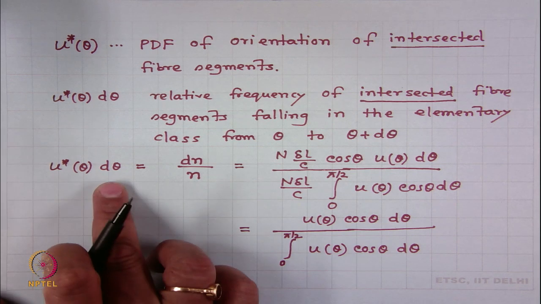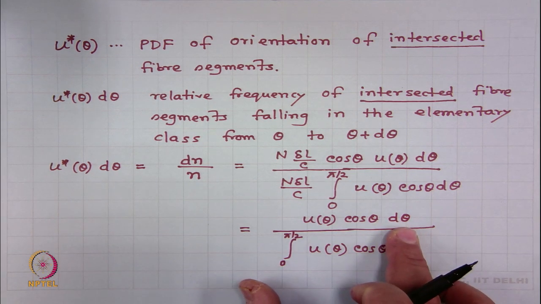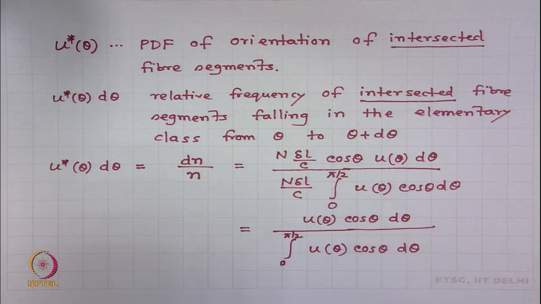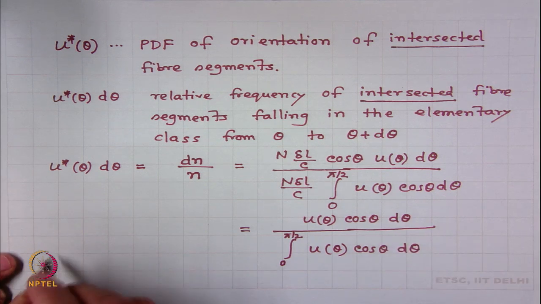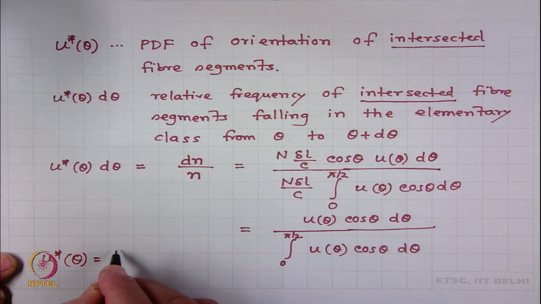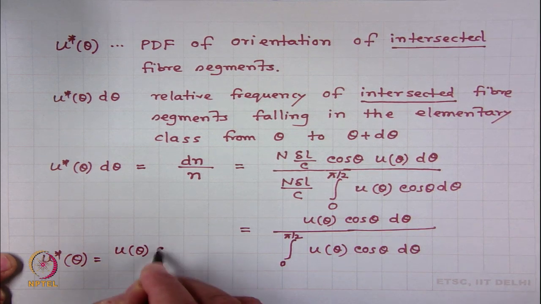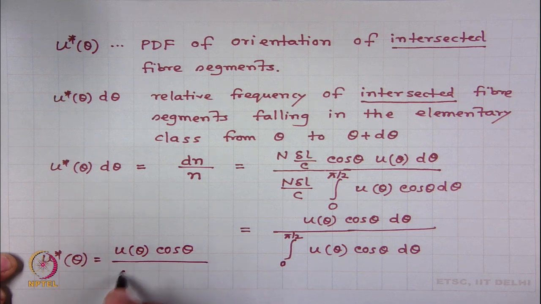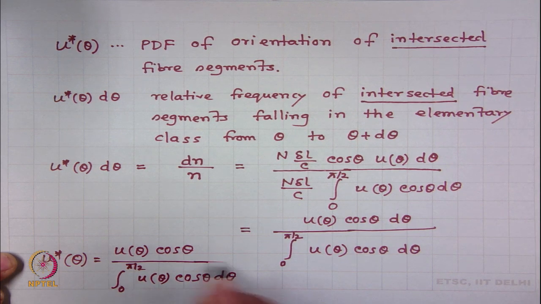Now, this d theta and this d theta are cancelling out. So, we are left with u star theta is equal to u theta cos theta by integration 0 to pi by 2 u theta cos theta d theta.